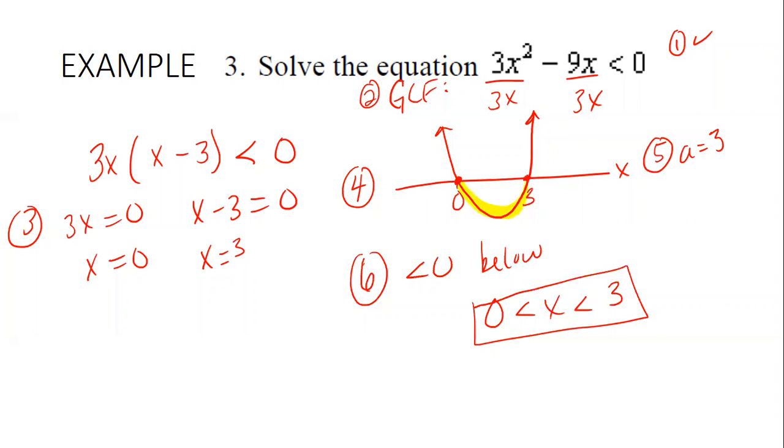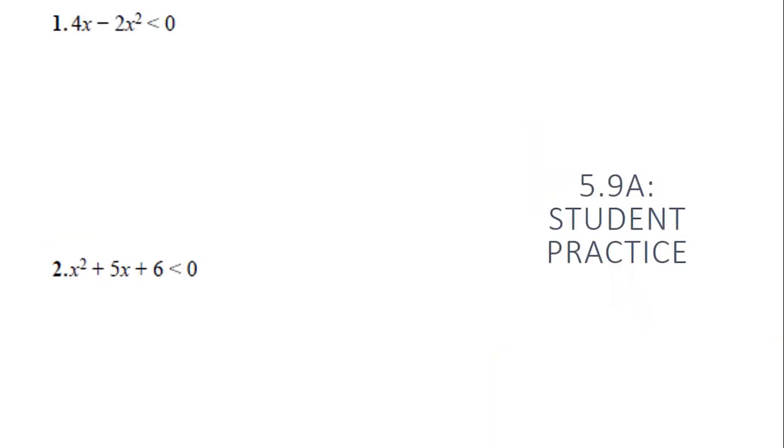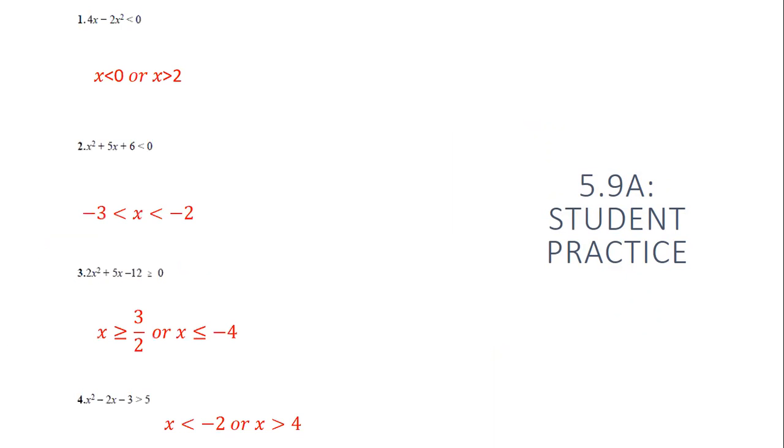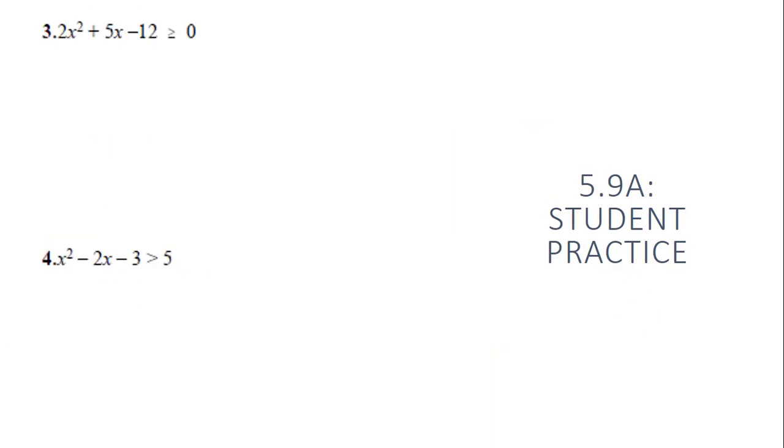Okay, so there are some practice problems there if you want to practice. And then there are also the answers to the practice problems, so you can check yourself. Someone said that it was kind of hard to see what 3 and 4 were saying, so if you can't see them, this is what they're saying. 2x squared plus 5x minus 12 is less than or equal to 0.